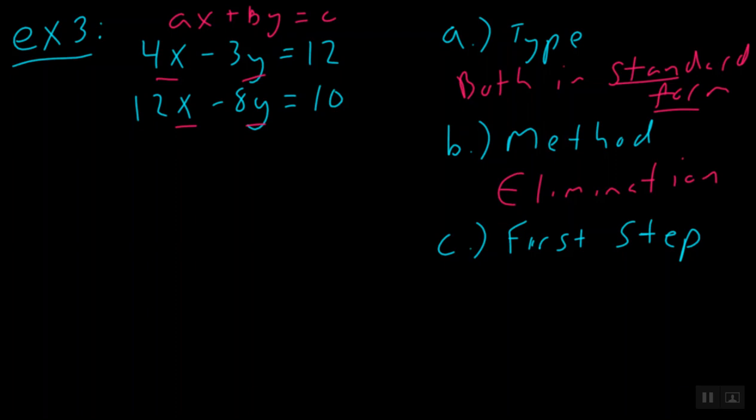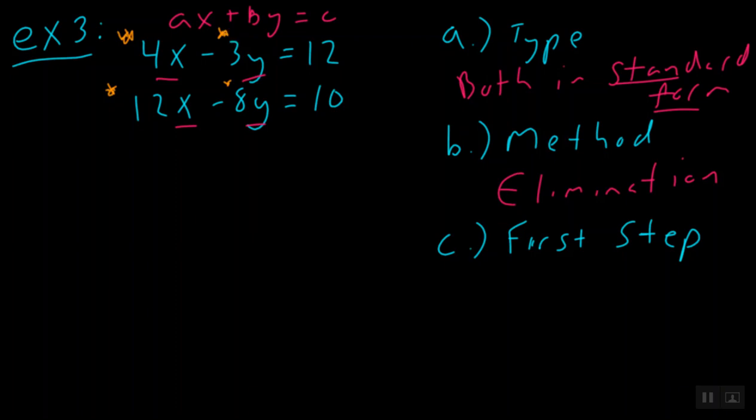Our method is elimination. The way that you want to eliminate is you want to find out which one of these has a common factor. So we have our 4x and our 12x and our negative 3 and our negative 8. Now, I apologize for the fire truck. So guys, ask yourself this question. Can you multiply 4 by a number to get to 12? Yes.